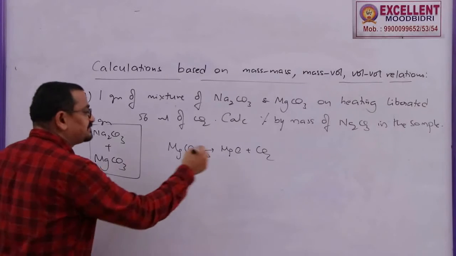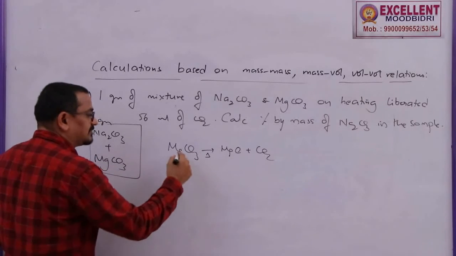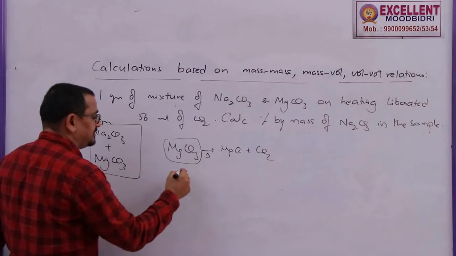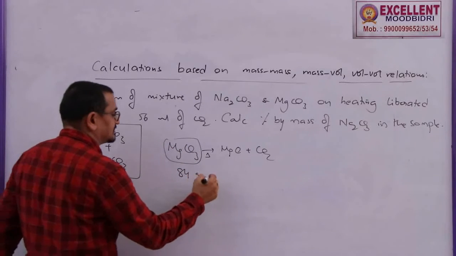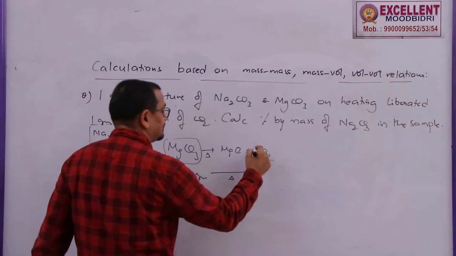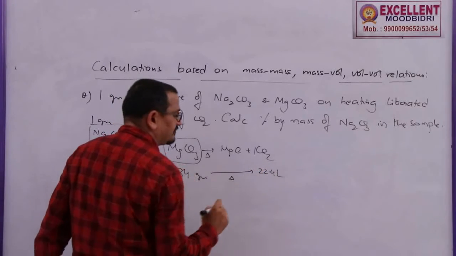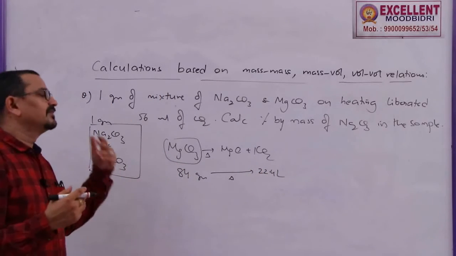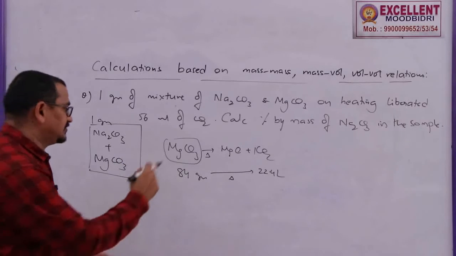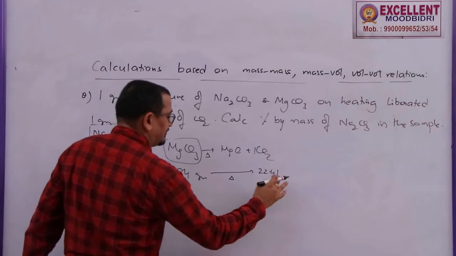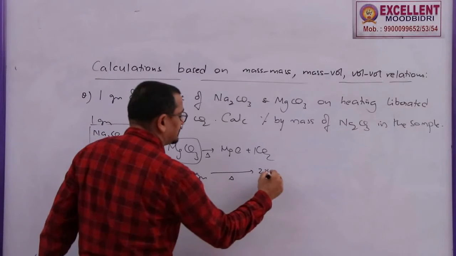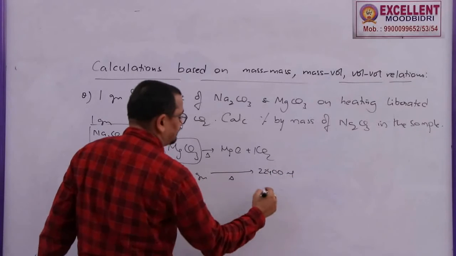Right? Now as per the equation, what is the molar mass or formula mass of MgCO3? It is 84 grams. On thermal decomposition it liberates 1 mole of CO2, which at STP occupies 22.4 liters volume. We are following the old STP conditions for the time being, 22.4 liters, which means 22,400 ml.